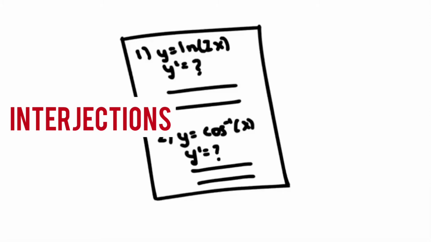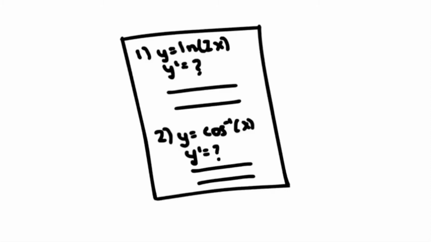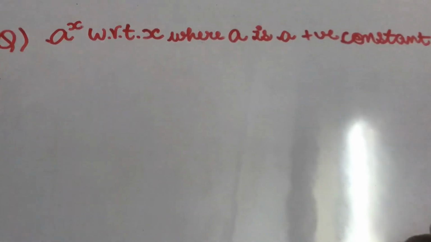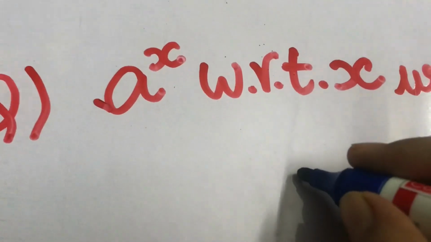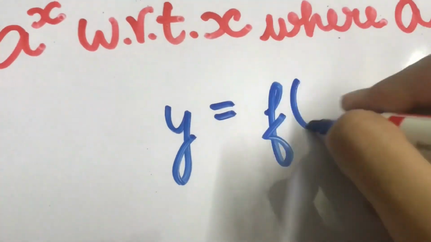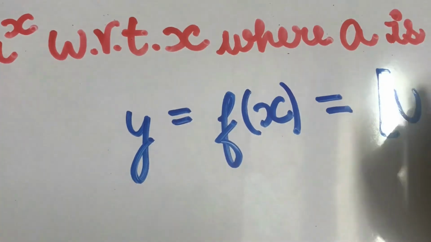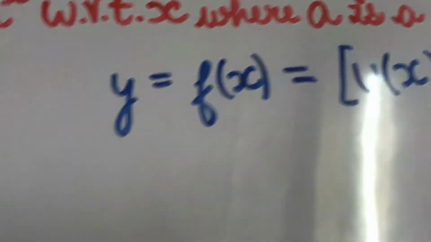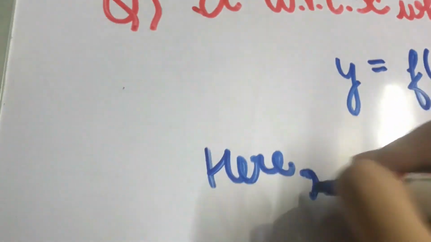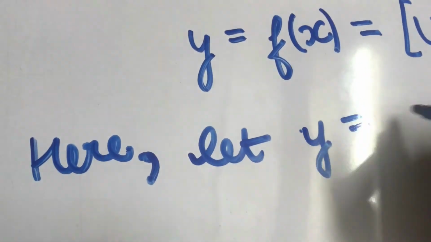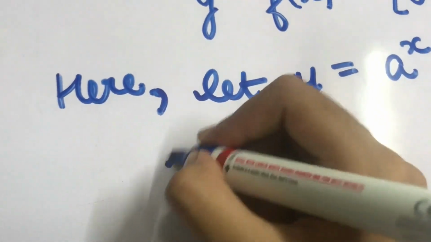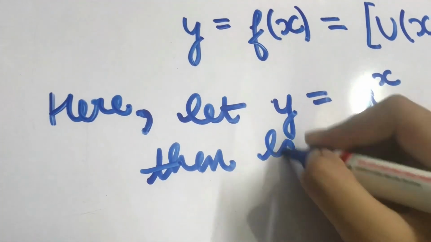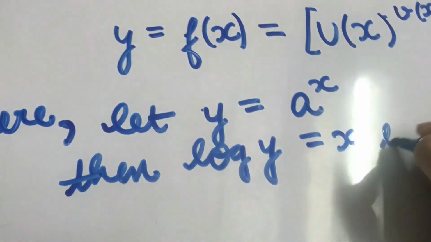Pahul, can you give an example of logarithmic differentiation that you had mentioned in the first flowchart? Yeah, okay. So here first we will consider any normal question like this one where we have to differentiate a^x with respect to x, and here a is a positive constant. So here we are going to use the formula that we have for solving logarithmic differentiation, wherein we are going to let y equals a^x, and because of this we will get the statement that log y equals x log a.